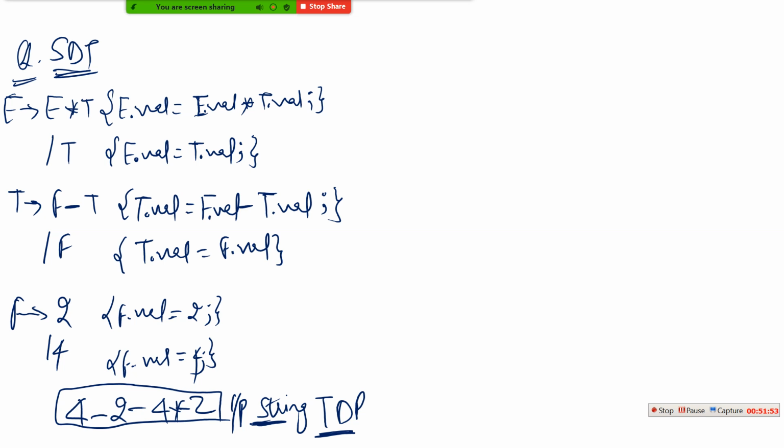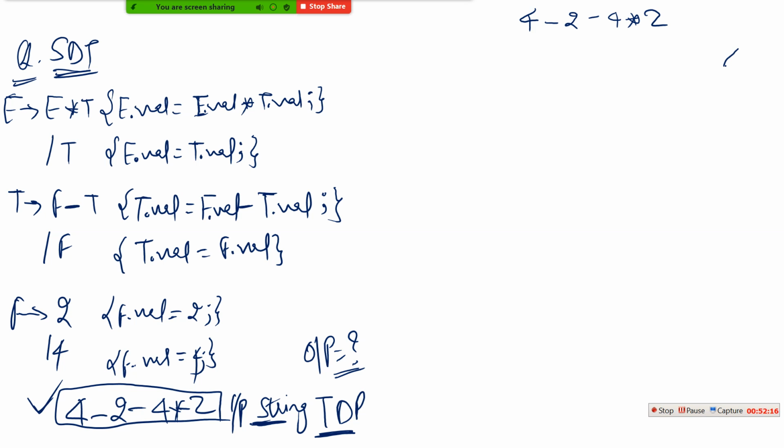If we traverse this string using a top down parser, what would be the output? You need to answer me what the output would be if I traverse this input string, that is, 4 minus 2 minus 4 multiply with 2, using the top down parser technique.